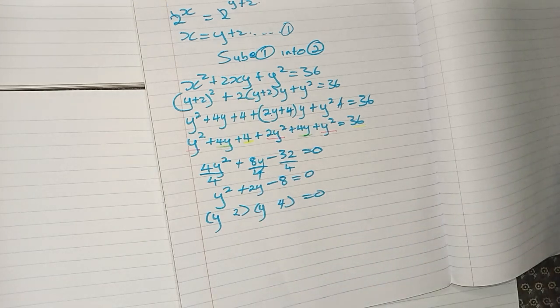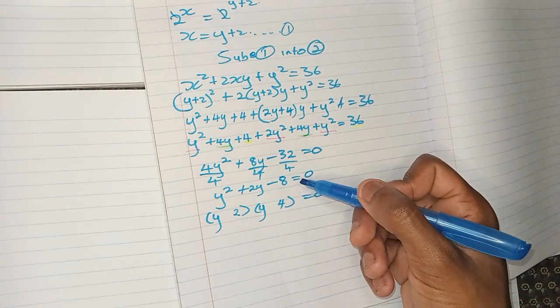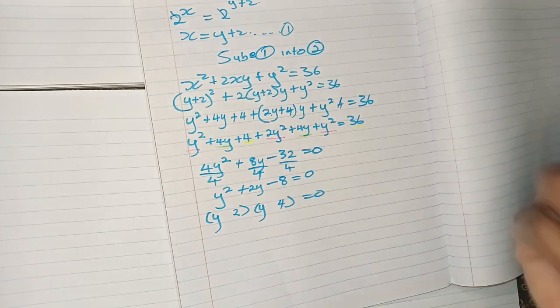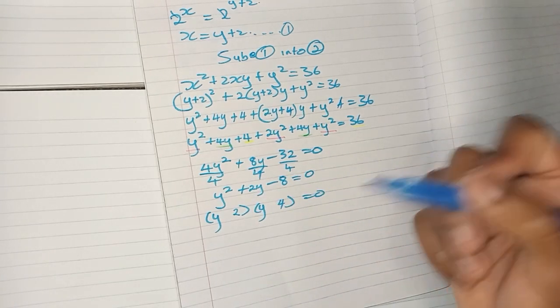The reason why I decided to choose maybe 4 and 2 is, if you were to multiply 4 and 2, you would get 8. But if you were to add maybe a negative 2 with a positive 2, you would get something like a 2. So we have the last term, we have the middle term.